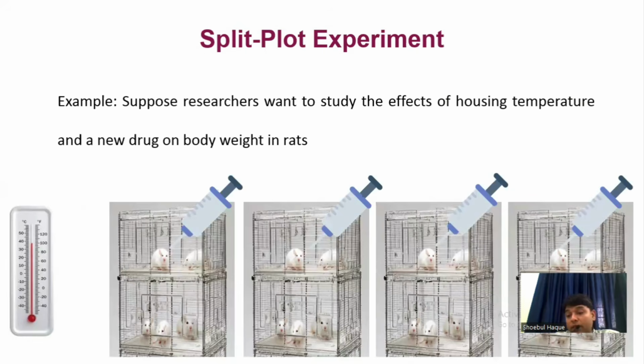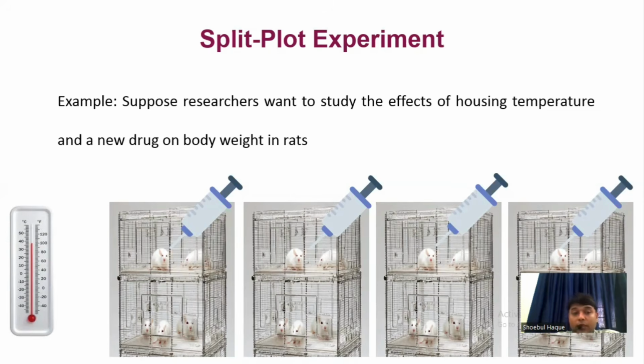Suppose there are four cages, and in each cage, five rats are there, and we are going to find out two different observations. One observation is for any drug that is introduced in the animal individually. Suppose drug A we are going to introduce individually to the rats, and another finding we have to calculate is some activity, like behavioral activity, depending on the temperature of the room.